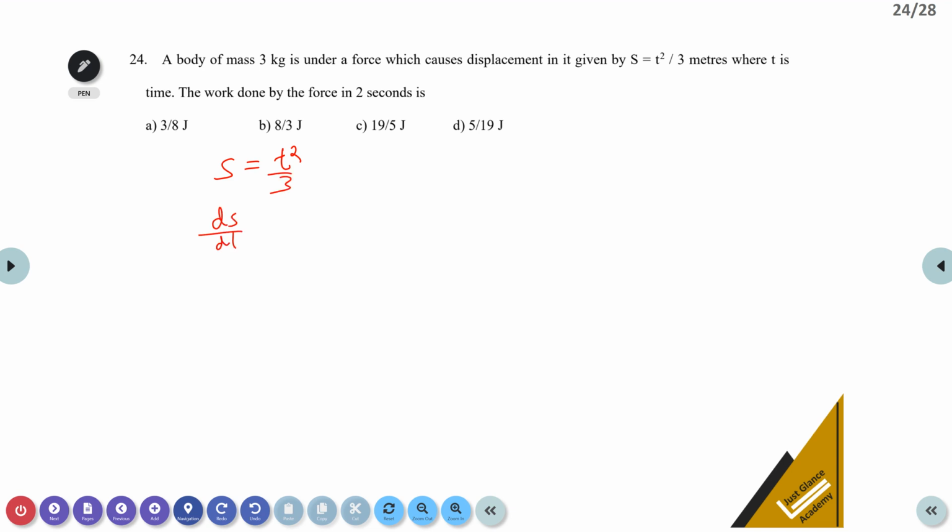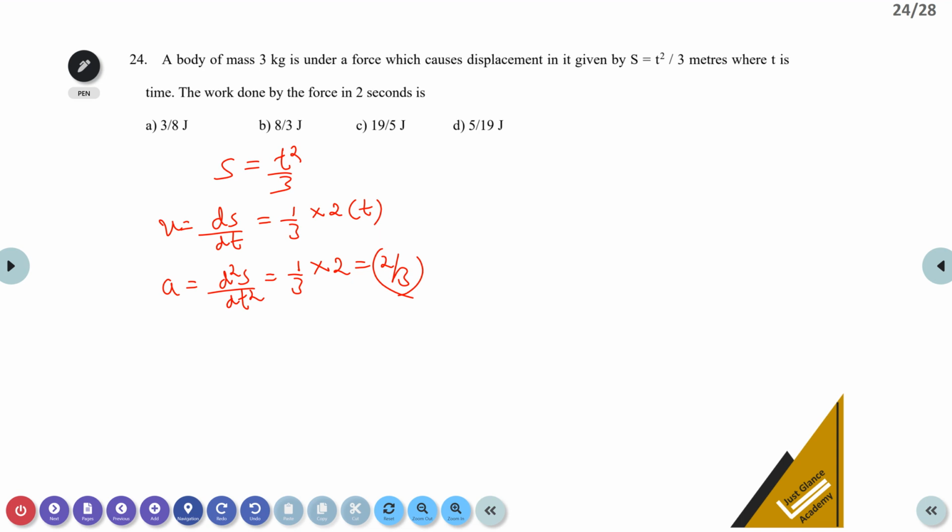Differentiate: ds by dt, which is velocity, equals 1 by 3 into 2t. Next, acceleration equals d square s upon dt square equals 1 by 3 into 2, equals 2 by 3.